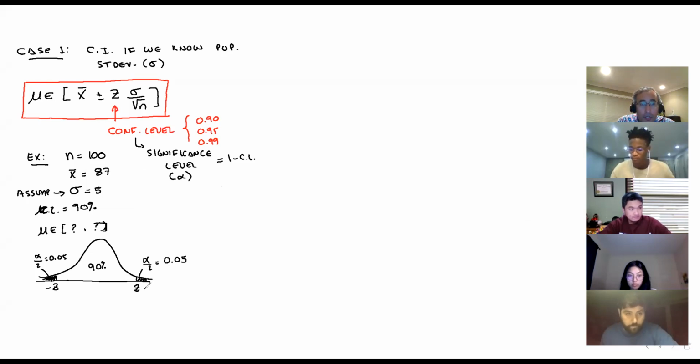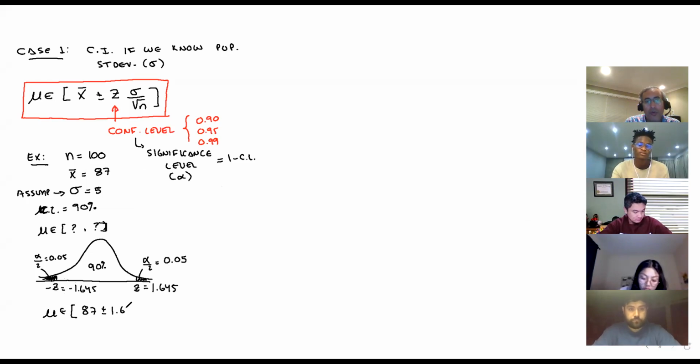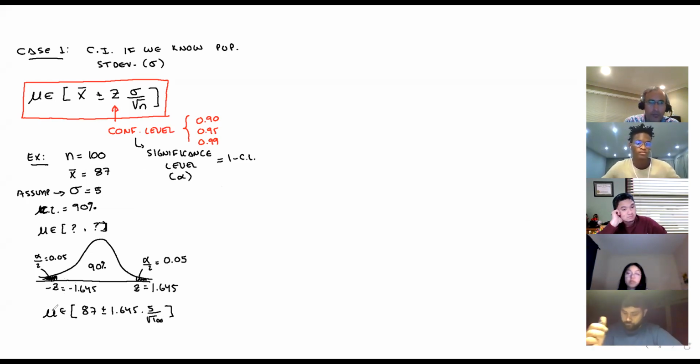This number here equals 1.645, and this number here equals minus 1.645. You agree? Now, guys, we have everything. So based on this, I will say that mu belongs to my mean, 87, plus or minus 1.645, which multiplies 5 divided by square root of 100. Correct? We have all the numbers, so we simply compute them, and the lowest value goes to the left and the largest value goes to the right.